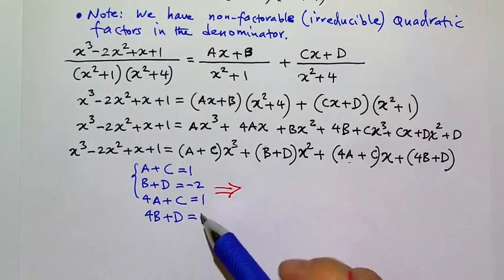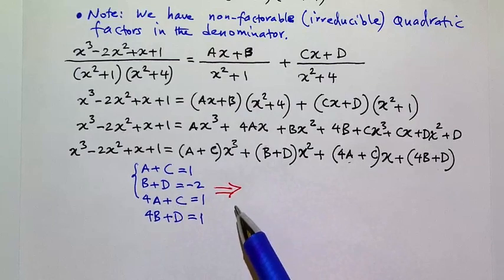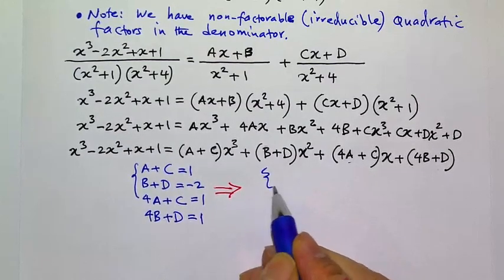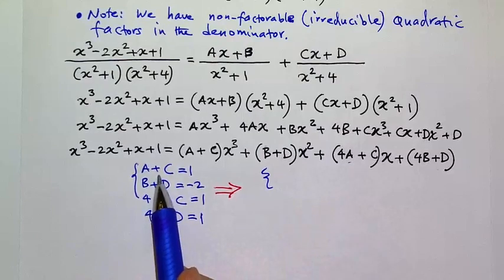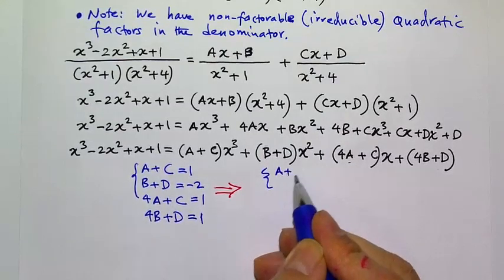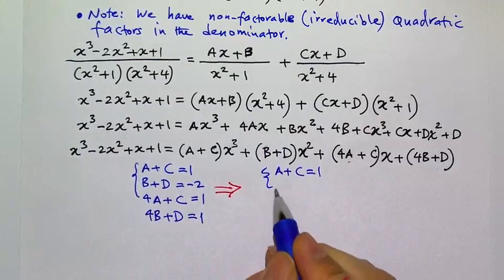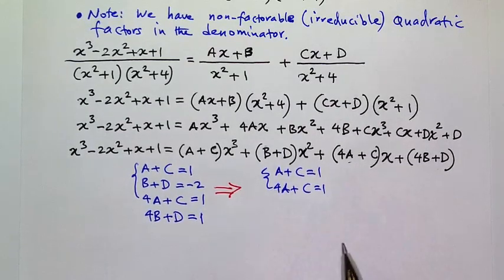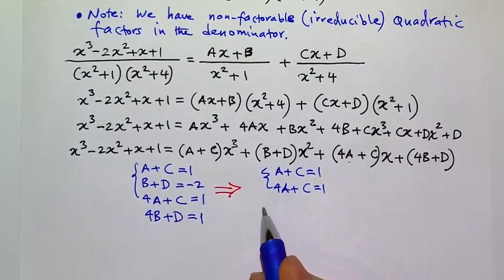Let's pair up the equations that have similar or identical variables in a single system. So if a plus c equals 1 and 4a plus c equals 1, and then the other one is the pair where we have b and d.